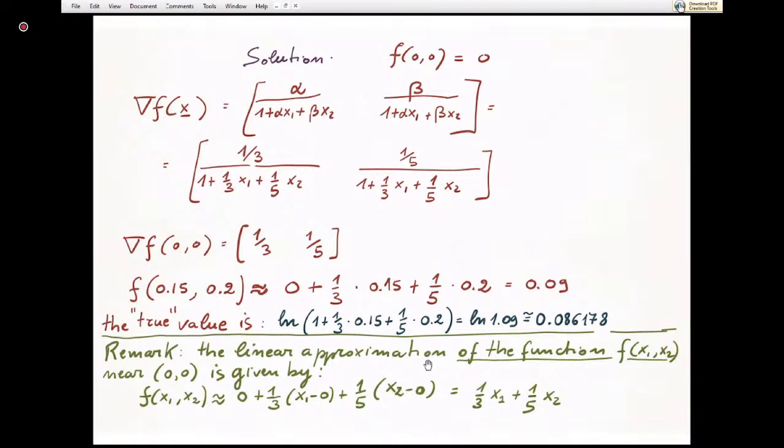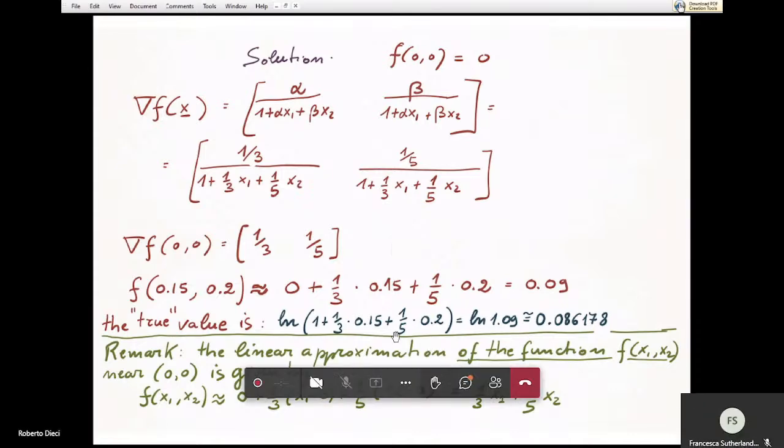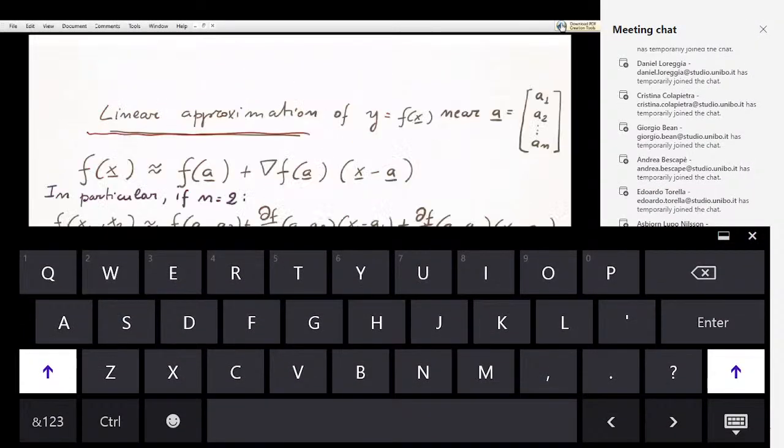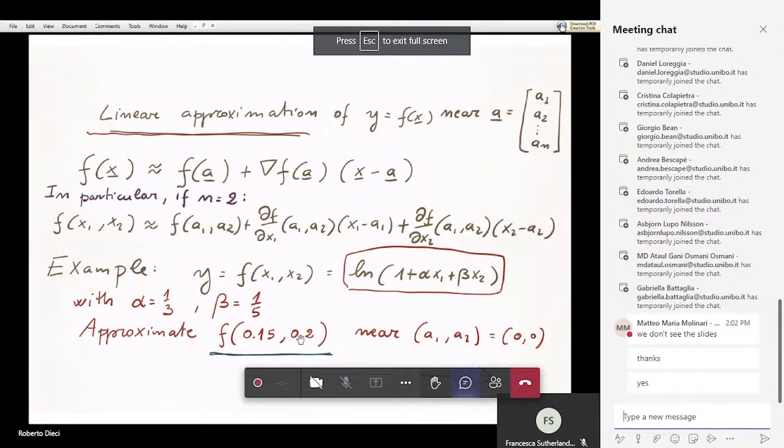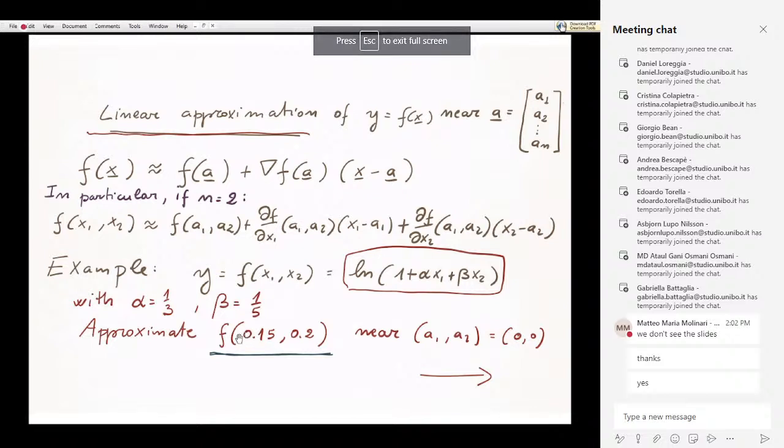Okay, so this is a numerical example for a specific increment, 0.15, 0.2, and specific numerical values for the new coordinates 0.15, 0.2.